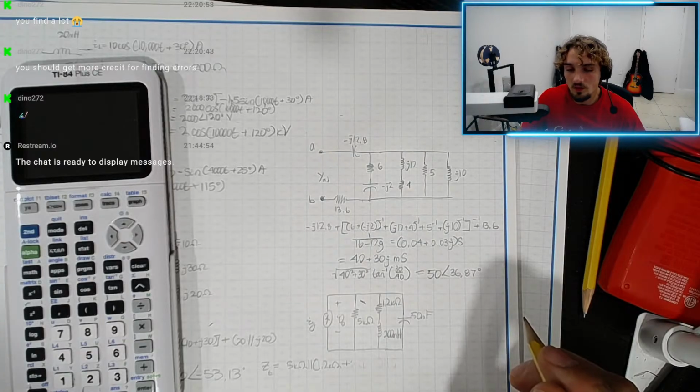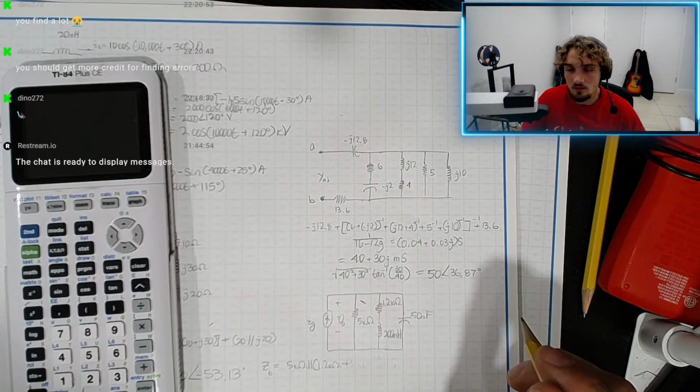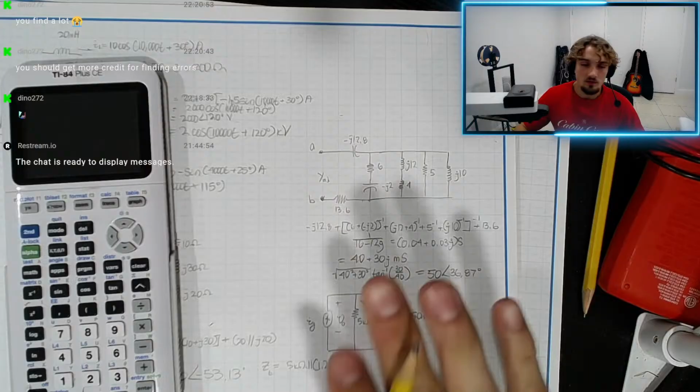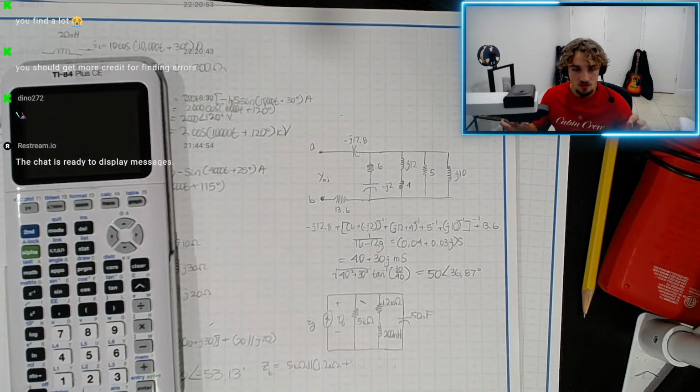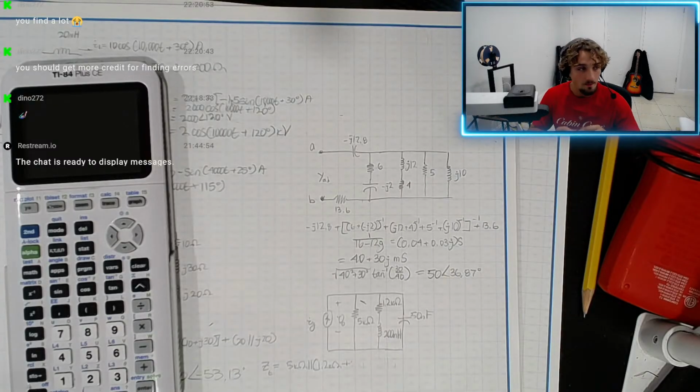Okay, so the frequency of the source voltage in the circuit is adjusted until V out is in phase with I_G. What is the value of omega in radians per second?